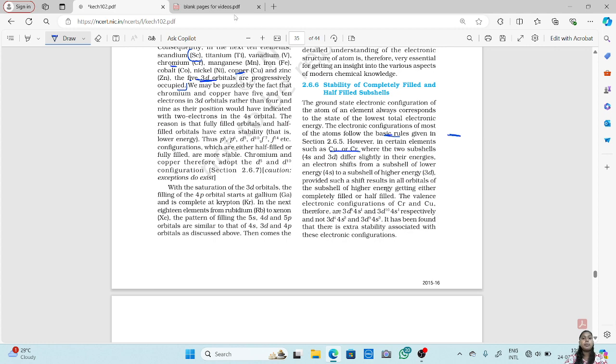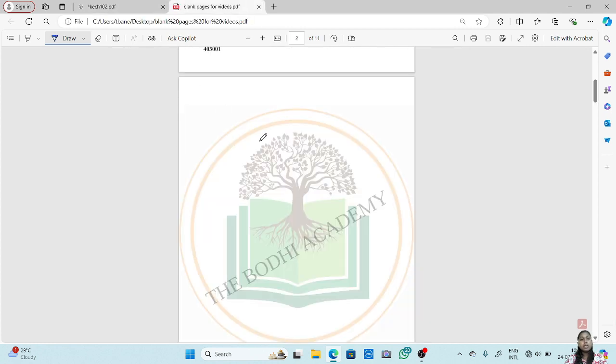Now this part, stability of completely filled and half-filled orbitals. Copper and chromium, both of them are transition elements or 3d elements, where 3d orbitals are filled.